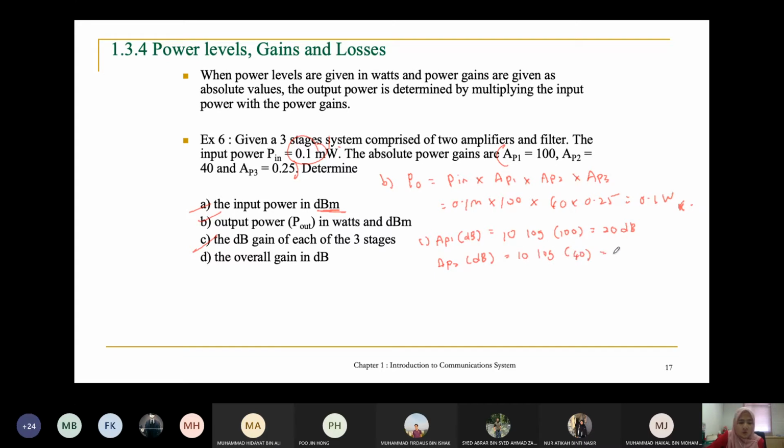It should equal 16 dB. And the last one, AP3, 10 log 0.25. So you will get the answer negative 6 dB.